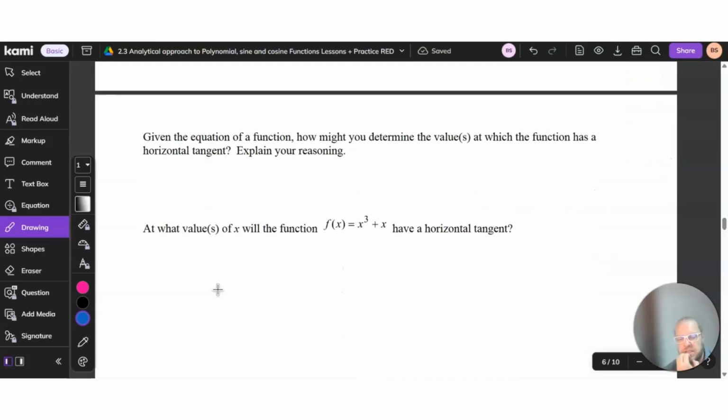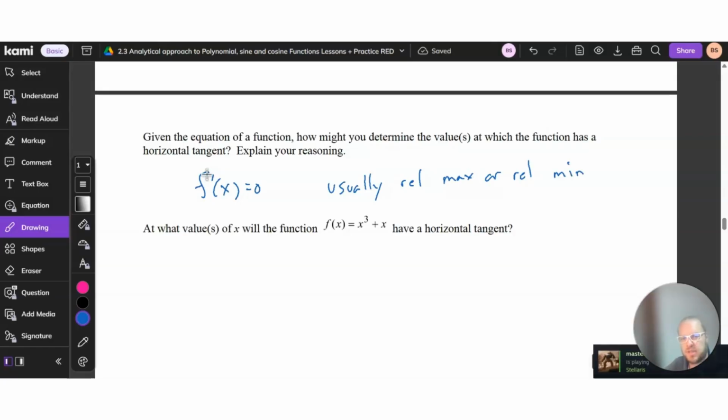All right, given the equation of a function, how might you determine the values at which the function has a horizontal tangent? Well, this means that the derivative equals 0, which means that it's going to be a relative max or relative min, right? So it's got that horizontal tangent line.